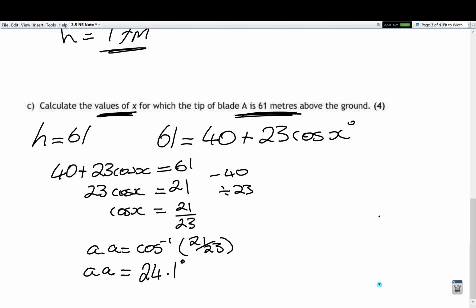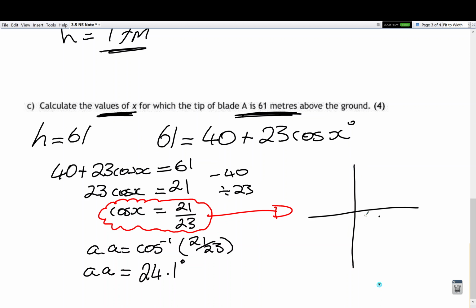Now we highlight or circle our equation when it's fully rearranged, and that's going to help us for our CAST diagram. So CAST: x, 180 minus x, 180 plus x and 360 minus x. So which two quadrants am I in? I'm in the two quadrants where cosine is equal to a positive value, so that is the first one and that is the fourth one.